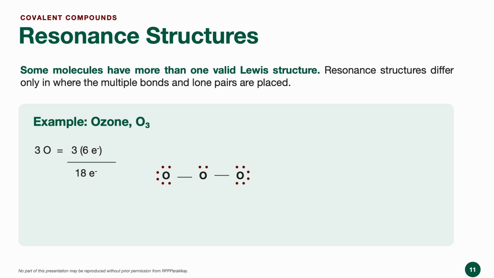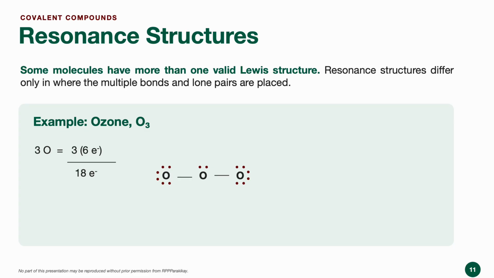But when we check this resulting structure, let's add up the central oxygen's electrons. We have 2 from its lone pair, 2 from the bond to terminal atom 1, and 2 from the bond to terminal atom 2. We have 6 electrons in total. So, 2 short of an octet, and there are no electrons left to add.